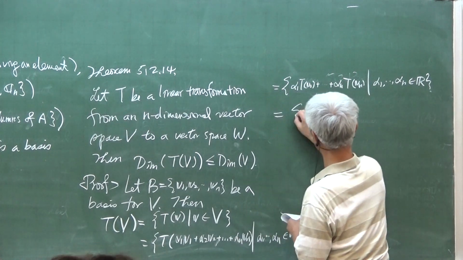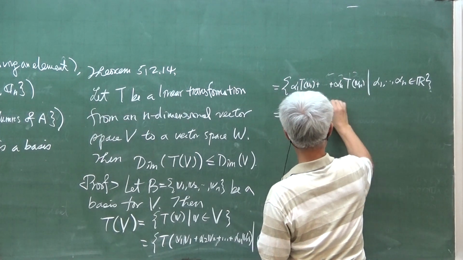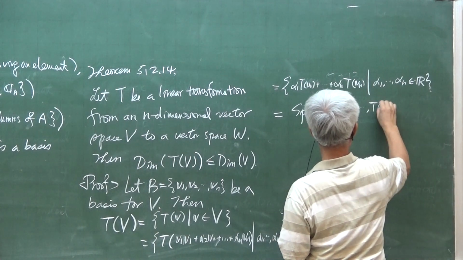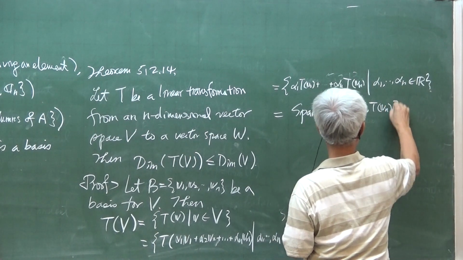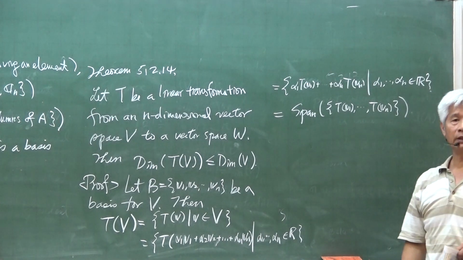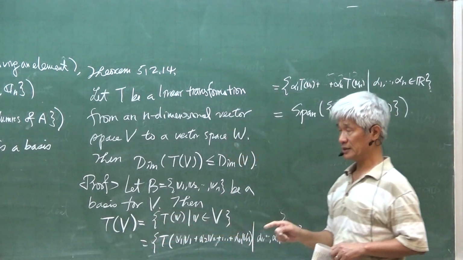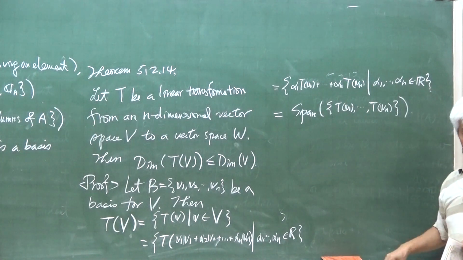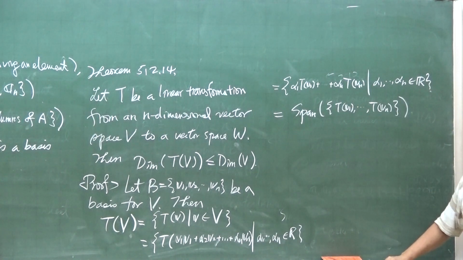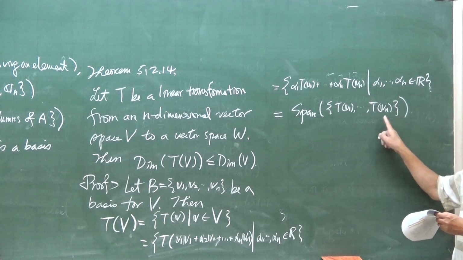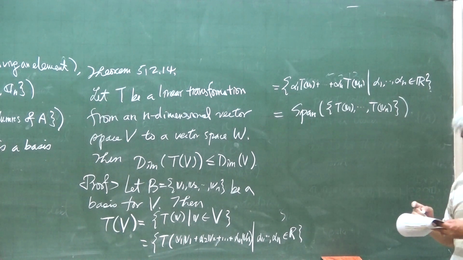So what is that? This is the span of the set {T(v1), ..., T(vn)}. So the range is spanned by a set of at most n vectors, right?